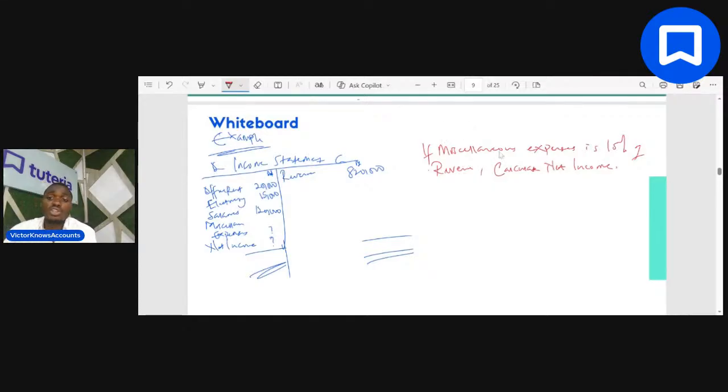So if miscellaneous expenses is 10%, the first thing that we'll do is calculate what miscellaneous expenses is. Miscellaneous expenses equals 10 over 100 multiplied by revenue, which is 820,000. So that gives us 82,000.